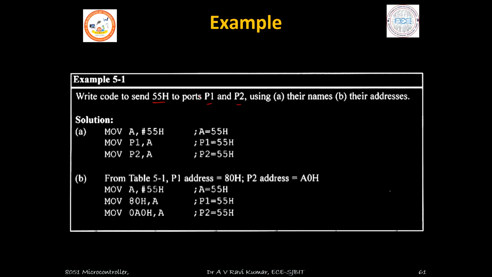Let me see the first one: I take the value into the accumulator. I need to use their names only, so that I can send the value directly to port 1. So P1 gets 55H, and similarly P2 gets 55H.